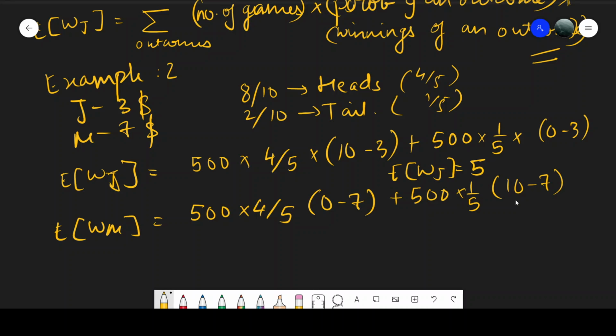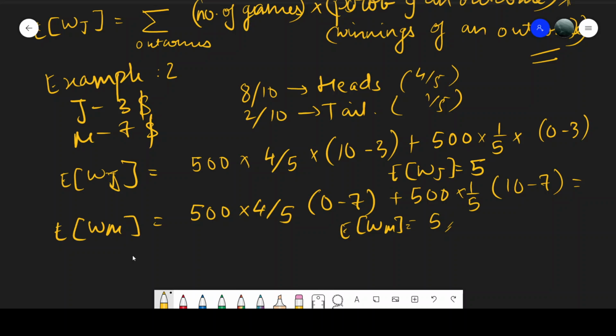So this is his winning probability. If we add this, we get minus 5. So the expected winning of Mark is equal to minus 5.